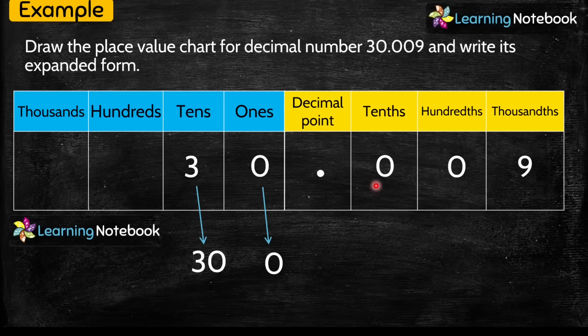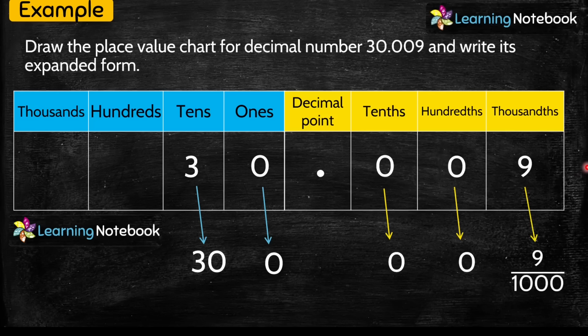Place value of this 0 will also be 0. Students, do remember that place value of 0 always remains 0 irrespective of its place. So place value of next 0 will also be 0. And the place value of 9 is 9 by 1000.